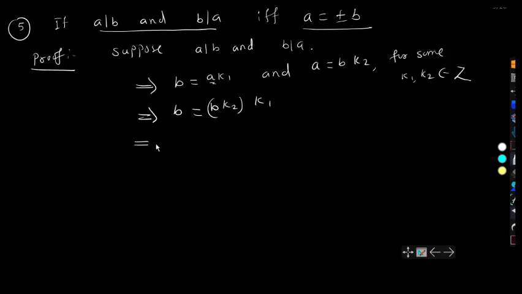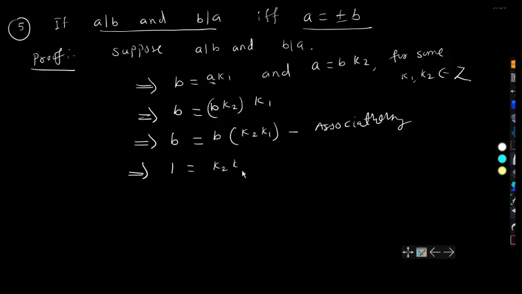So this implies that B is equal to B into K2 K1. This is by associativity. So this B cancels by left cancellation law. So 1 is equal to K2 K1. This implies that K1 K2 equal to 1.